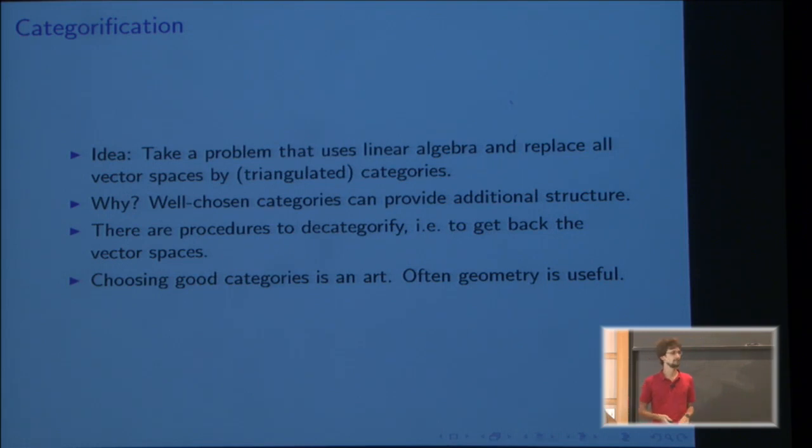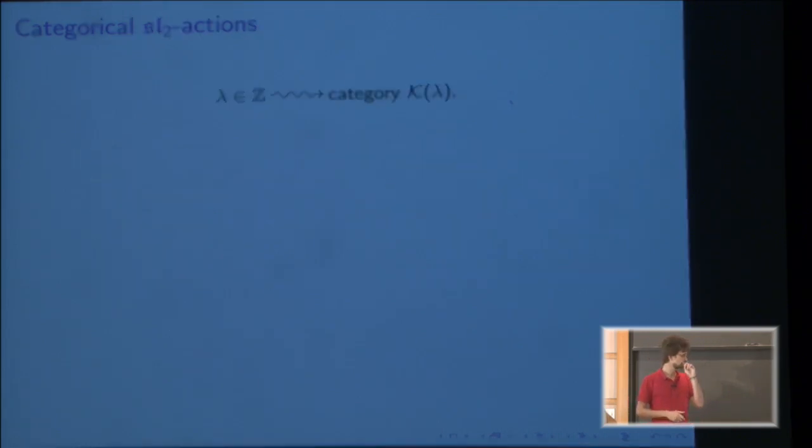So with that in mind, let's do that for representations. So I told you before that you should think of an SL2 representation as a bunch of vector spaces. So now, instead of vector spaces, we have a bunch of categories indexed by an integer lambda. So again, to simplify things, we do finite dimensional things, so we only have finitely many categories.